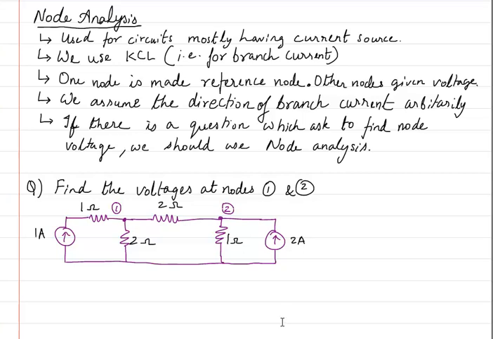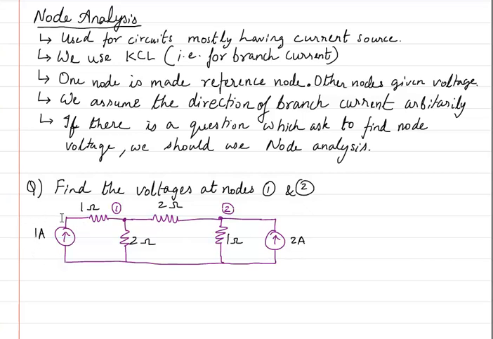Now how do you realize which circuit is to be solved using nodal analysis, or which circuit should be done using mesh analysis? One of the hints is that we use nodal analysis for circuits which mostly have current sources, as shown here.